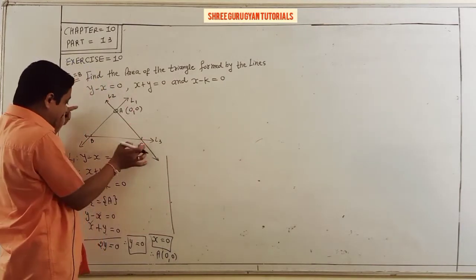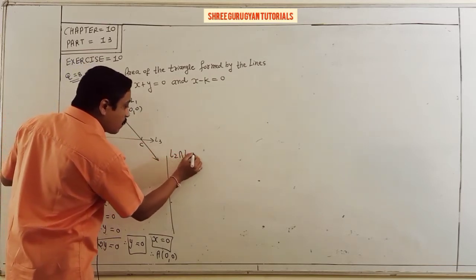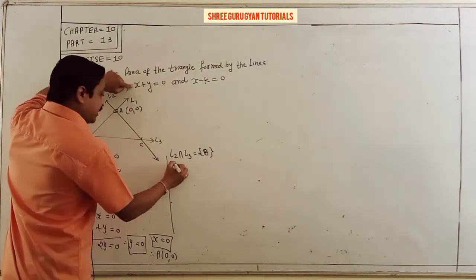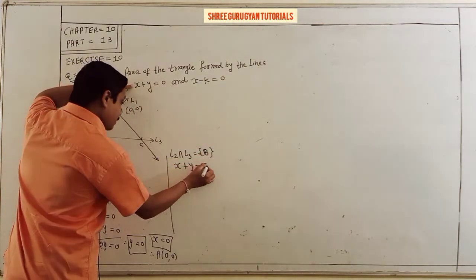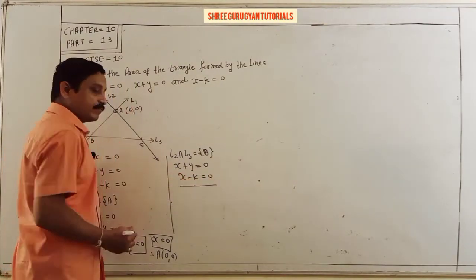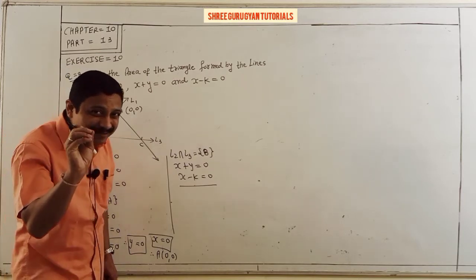Secondly, now L2 and L3 intersection. L2 intersection L3 is at a point B. What is your L2? x plus y is equal to 0, and L3 is x minus k. Here also, students, you take the elimination method.